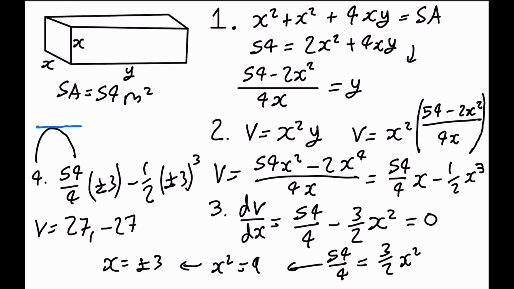And which one is larger between these two? It's obviously the 27. And because you can't have a negative volume, we'll see that the maximum volume would be equal to 27.